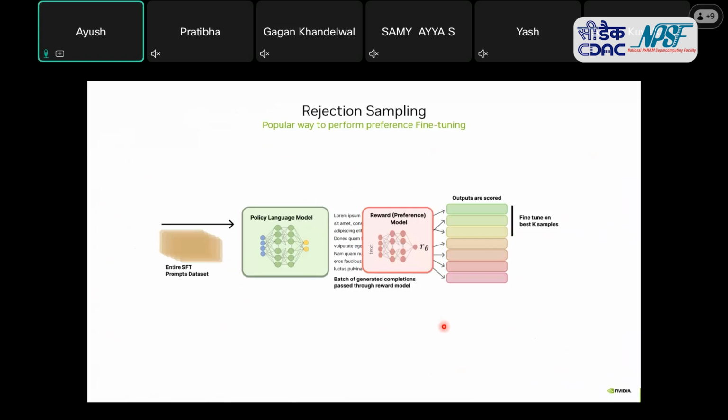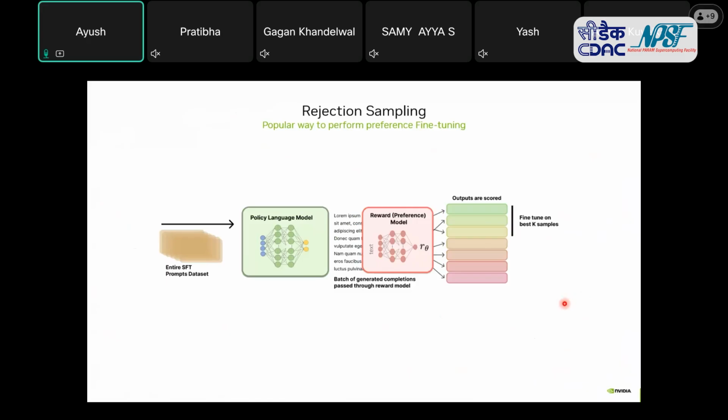So what happens in this, this was used very popularly in Llama 3 and I think in Gemma as well, this rejection sampling. These prompts can come from many sources, but they come from the instruction training set, as we know, because we have curated those instruction-response pairs.